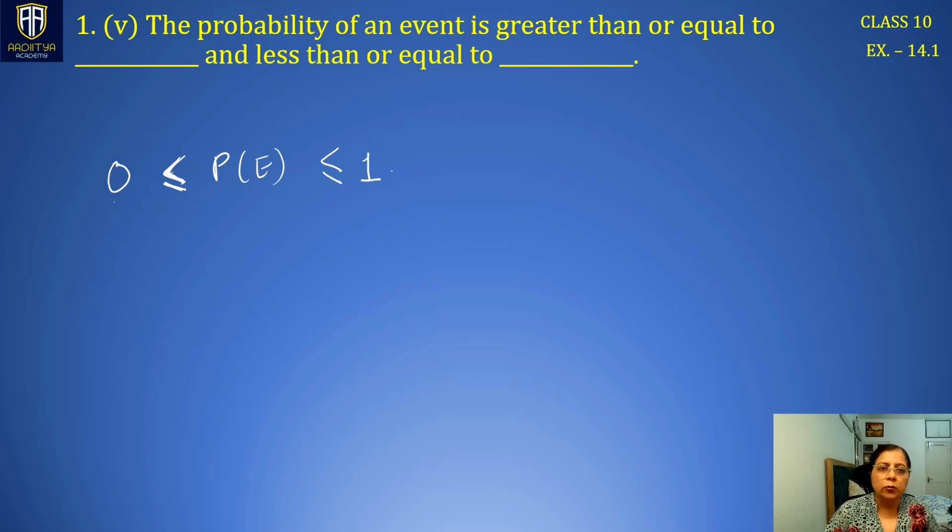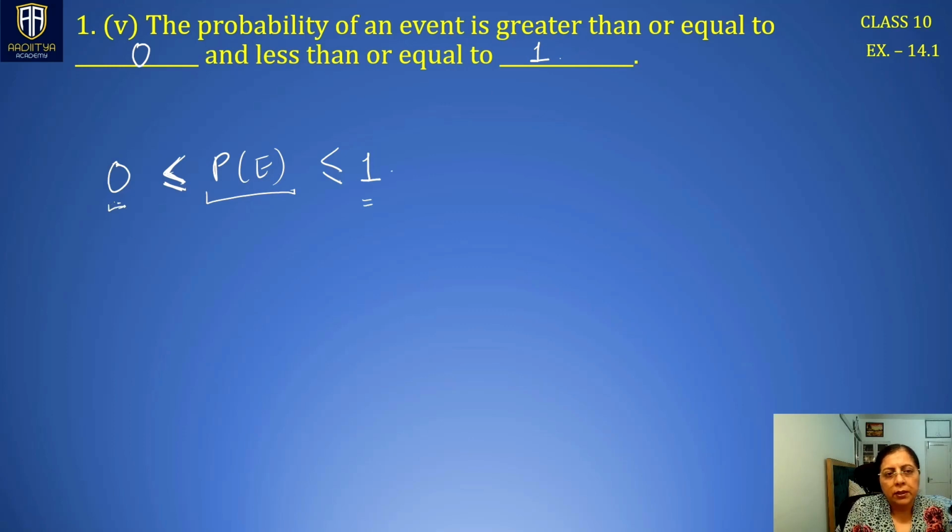It cannot be greater than 1, because 1 shows the sure event or 100% occurrence of an event. We cannot have possibilities more than 100%. So the probability of an event lies between 0 and 1, where both are included. The probability of an event is greater than or equal to 0 and less than or equal to 1.